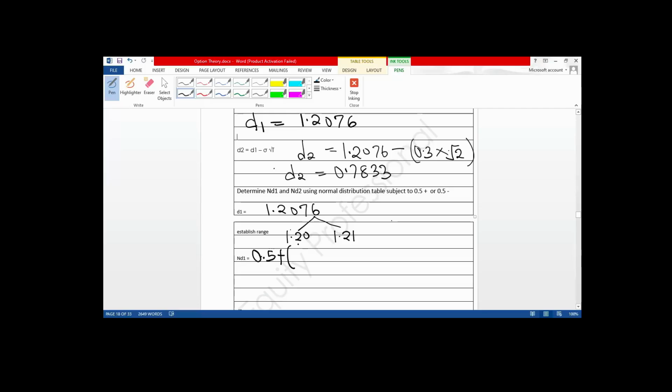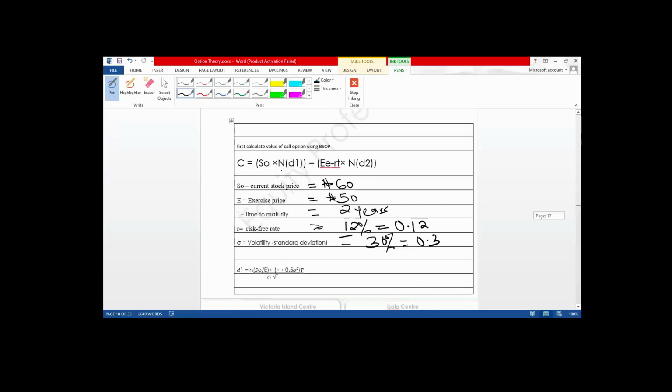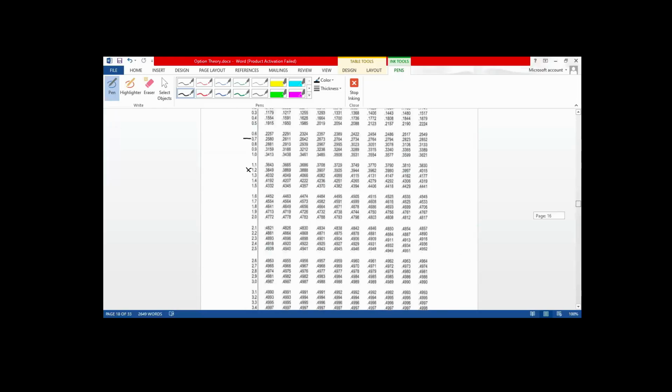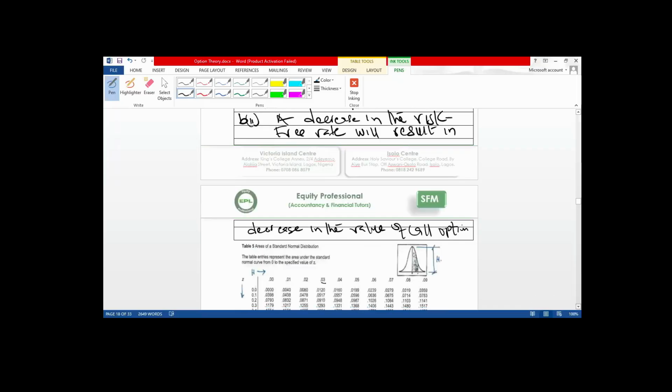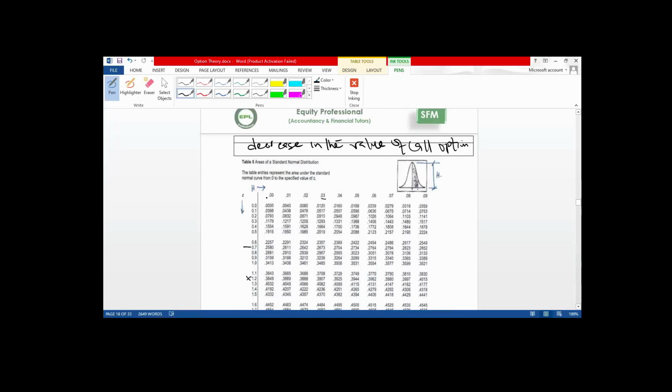Check 1.2 under 0. Look at the table here. 0 is up here, 1.2 here. 0.3849. Pick that figure.